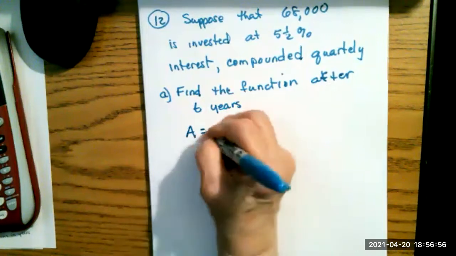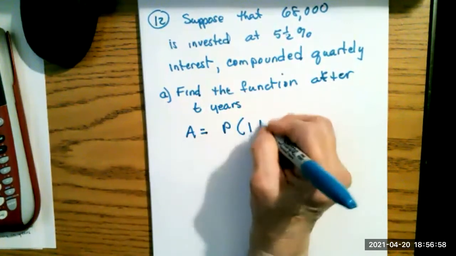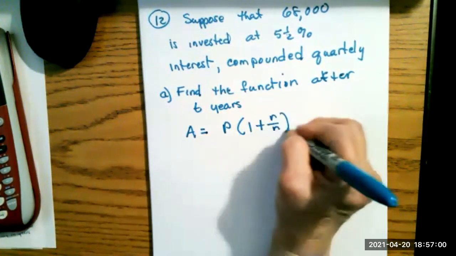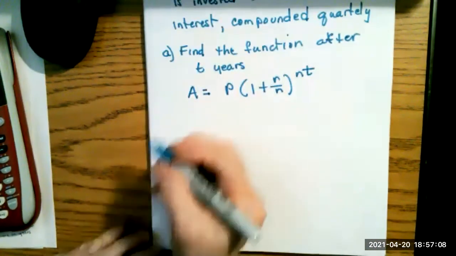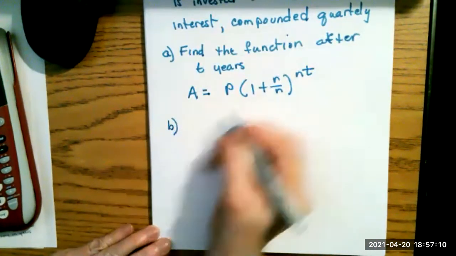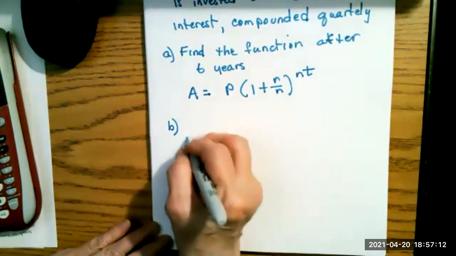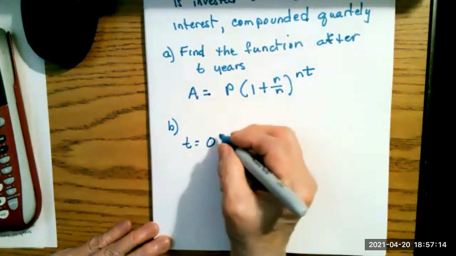So we're using A equals P times (1 plus r over n) to the nt. When you start doing these, they're going to ask you three or four things on the same one. So just leave your formula in there.